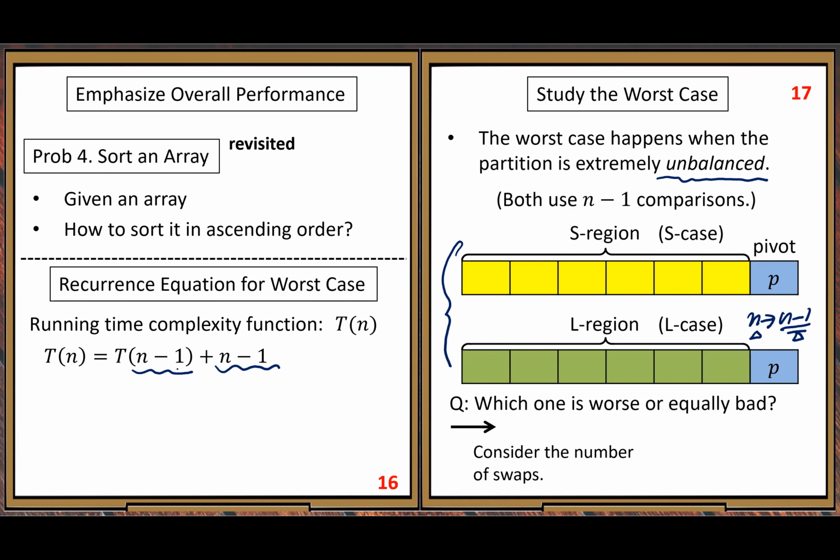This recurrence relation is very easy to solve. We just keep applying this formula again and again, and we will get the final expression of T(n). That's big theta of n squared. It's an n squared efficiency.